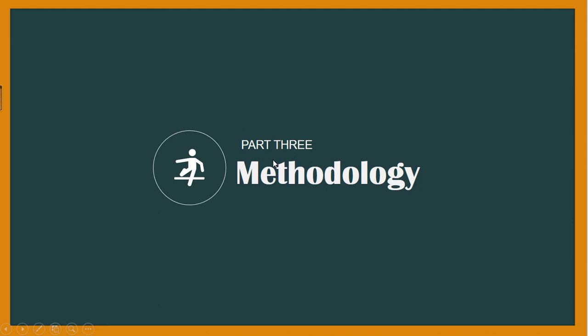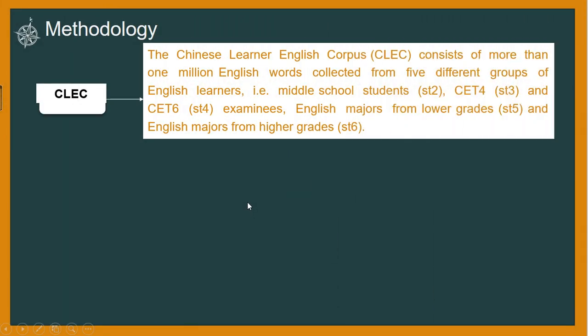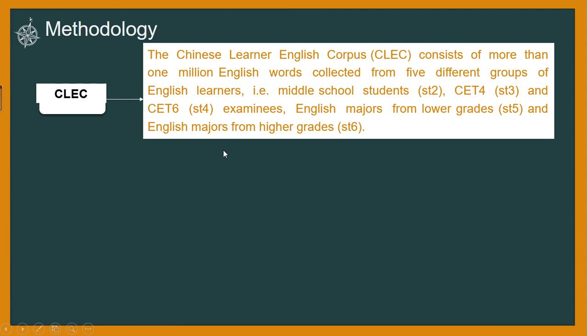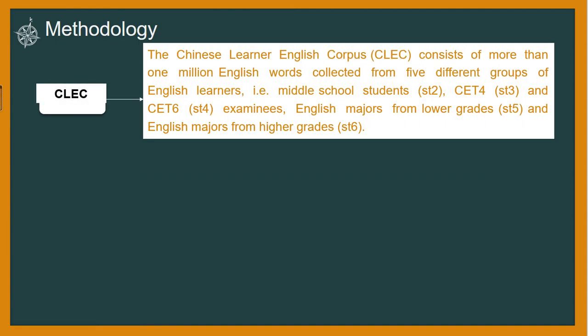Now let's talk about methodology. First, we have to mention the two corpora. The first one is CLEC, and the other one is BNC. CLEC involves the five examinations, including ST2, ST3, etc., and covering the middle school students.